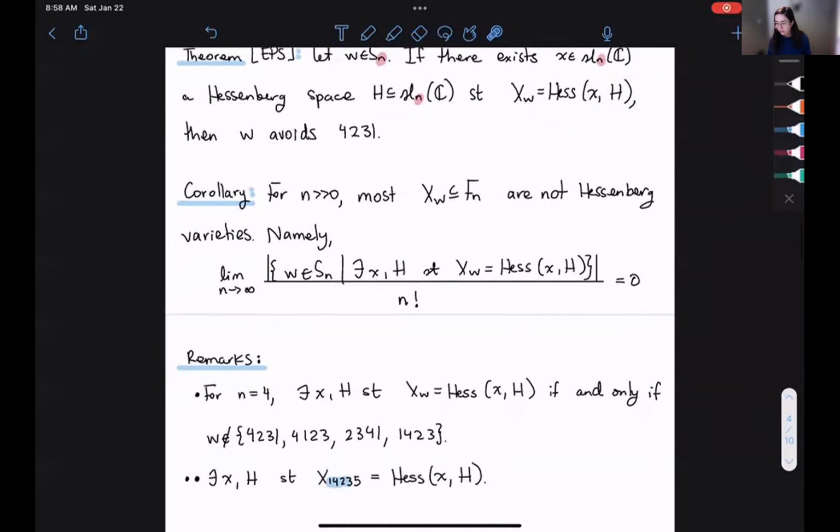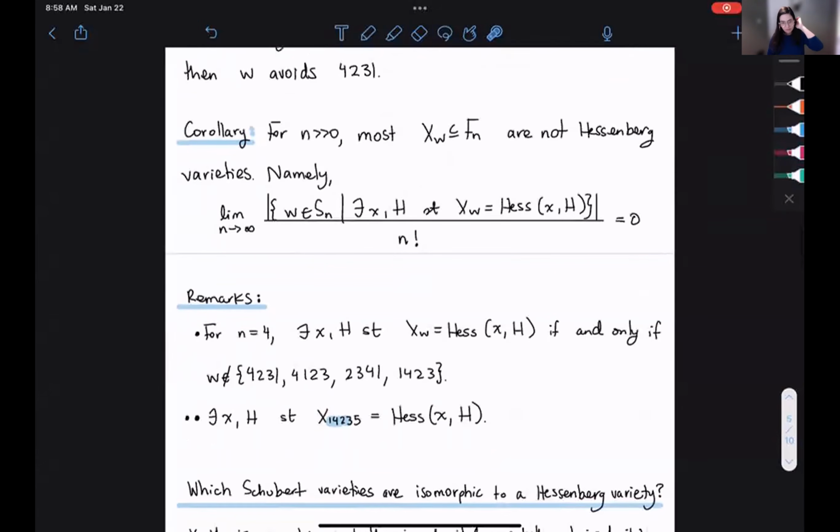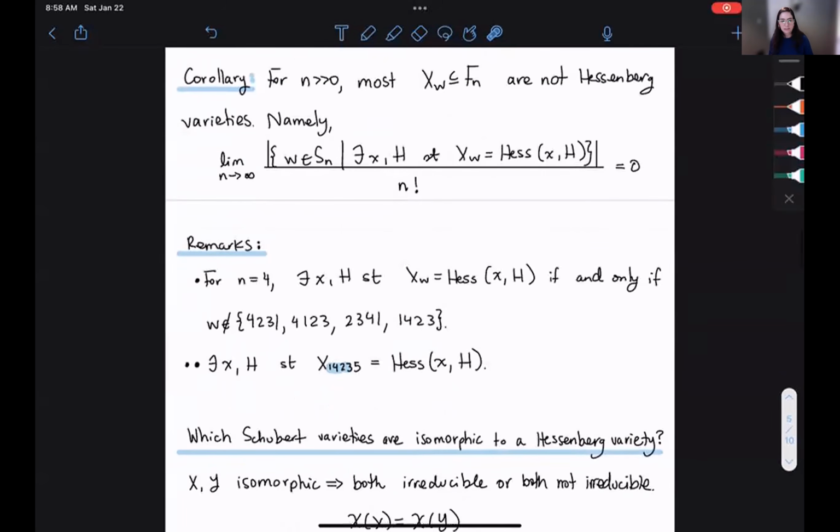Okay, so that question of equality is nice, and it gave us pattern avoidance. But the more interesting question is which Schubert varieties are isomorphic, because then they share more geometric properties. This tells us how different the two families of varieties are, in my opinion.